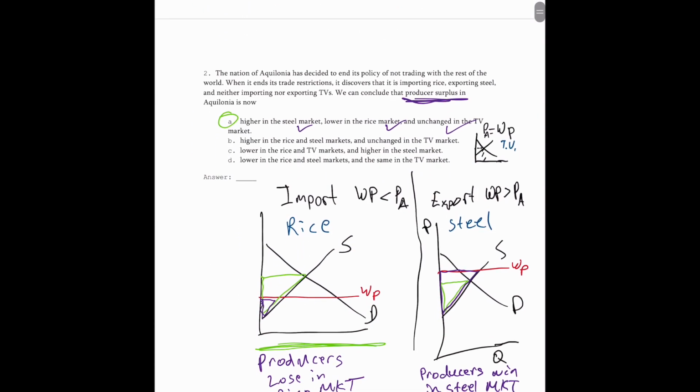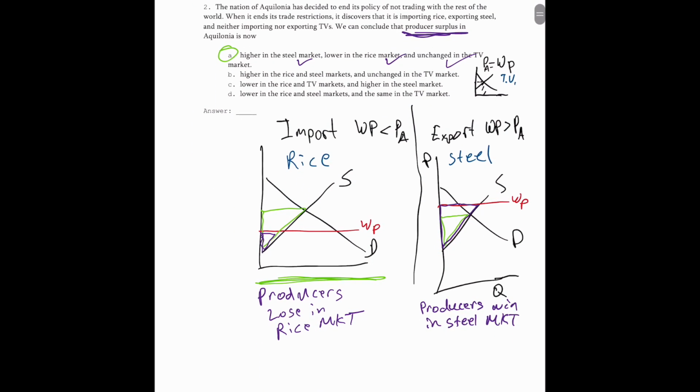Question 2. The nation of Aquilonia has decided to end its policy of not trading with the rest of the world. When it ends its trade restrictions, it discovers that it is importing rice, exporting steel, and neither importing nor exporting TVs. When we're going to import rice, we know that the world price must be less than the price at autarky.